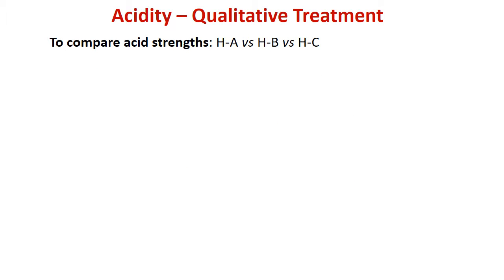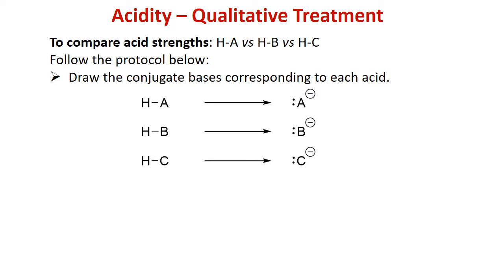When attempting a problem on comparing acid strengths, for example between HA, HB, and HC, follow this protocol. First, draw the conjugate base corresponding to each acid. In this case, the conjugate bases for the acids HA, HB, and HC are A-, B-, and C- respectively.